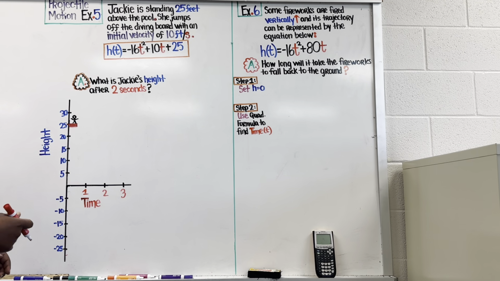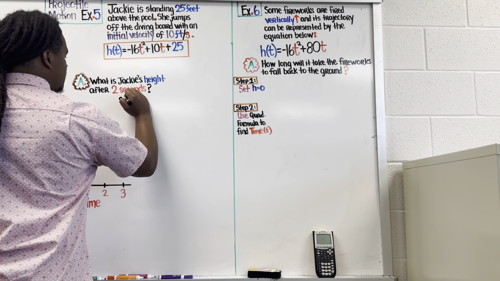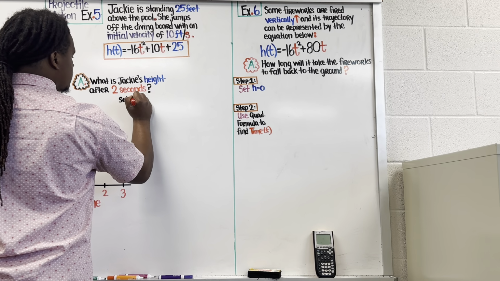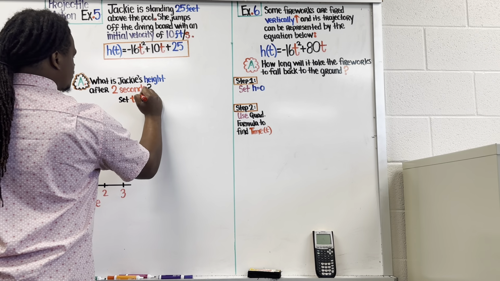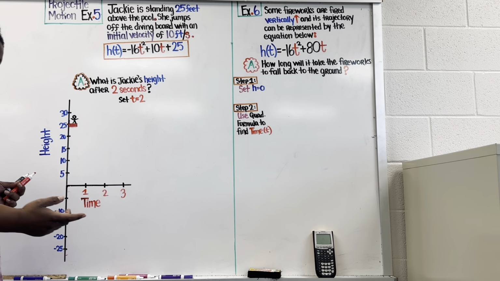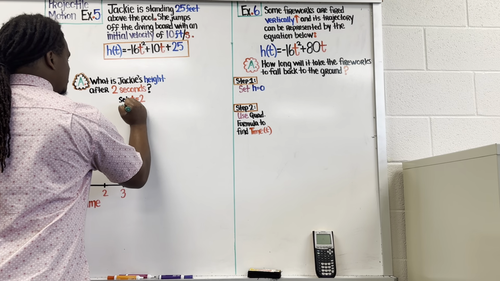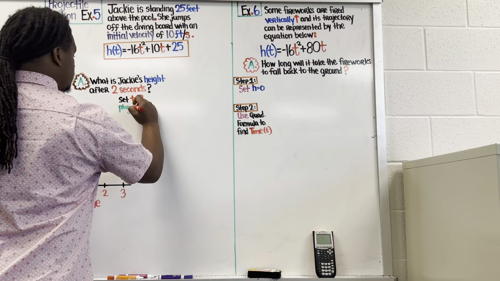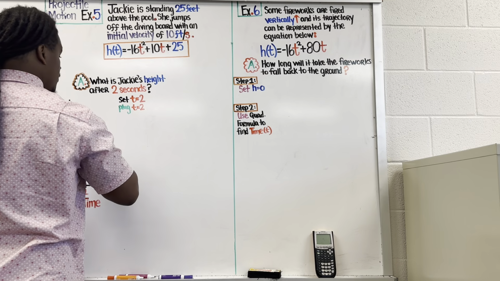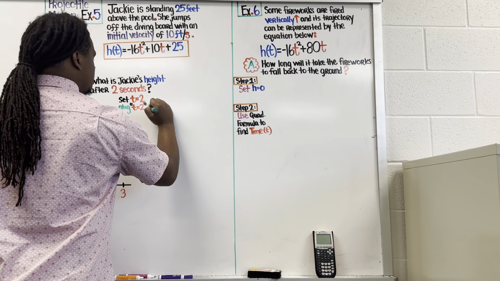It's pretty easy. All we need to do, guys, is set the time, which is t, equal to 2 seconds. So we're going to put t equals 2, and then plug t equals 2 into the equation.